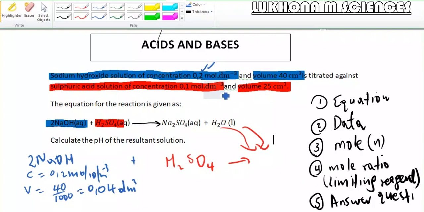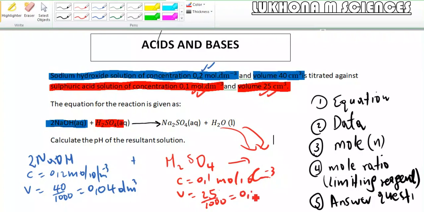Then we are also given the concentration of sulfuric acid, 0,1 mole per dm cube, and its volume is 25 centimeter cube. Then we divide by 1000 to get the dm cubes. Now step number 2 is done.